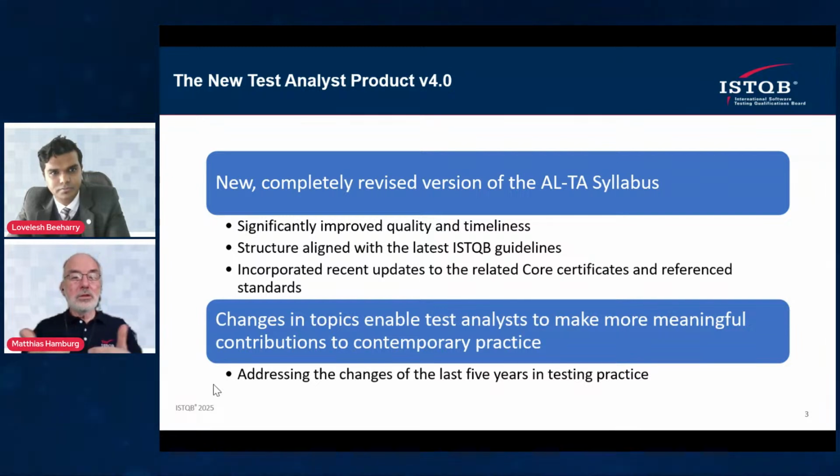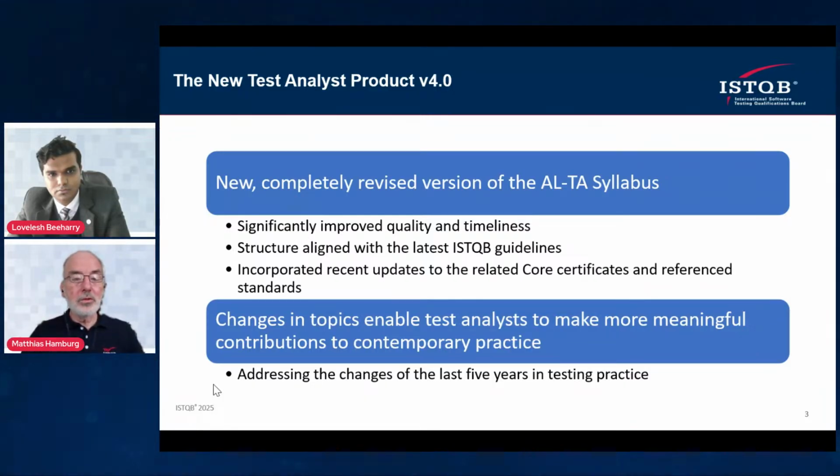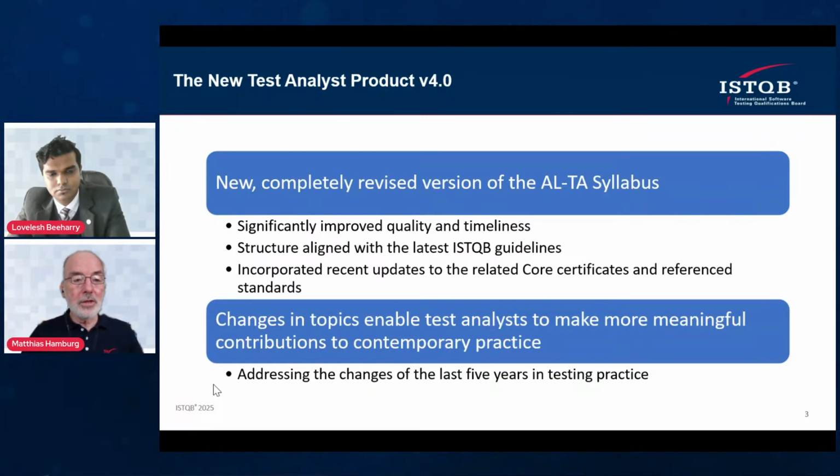We saw the need for it because on the one hand, we wanted to update the contents of the certification. Nowadays, industry is progressing very quickly in technology, and there is need for advancing. On the other side, we wanted also to improve the quality of our certification program, because ISTQB is also progressing in its didactic quality, and we wanted to align the new version of the syllabus with the new quality requirements.